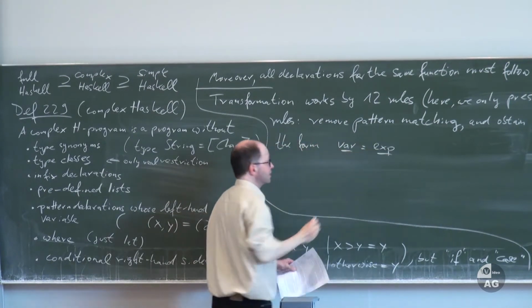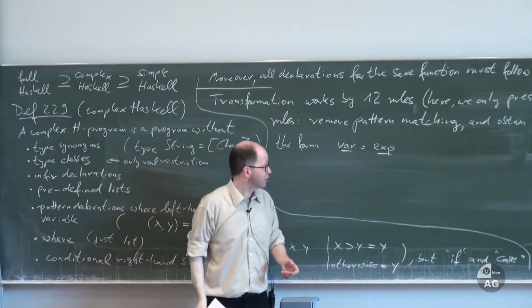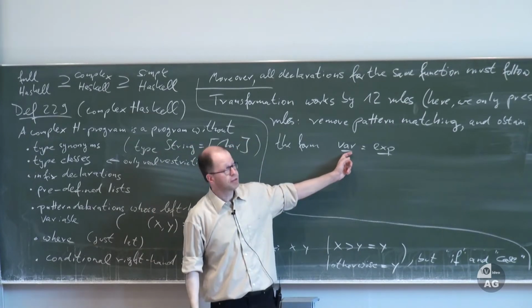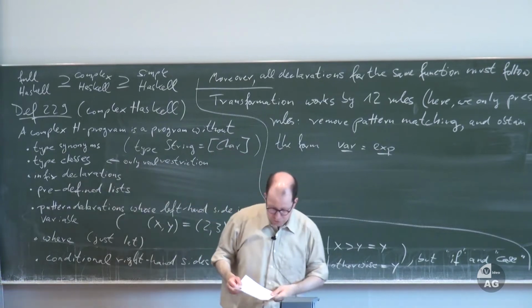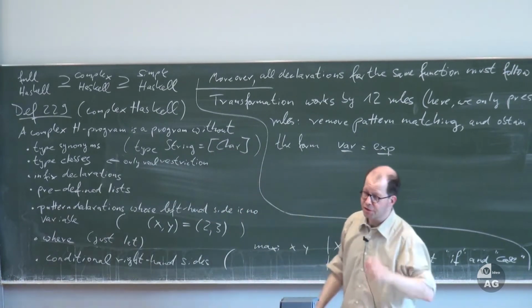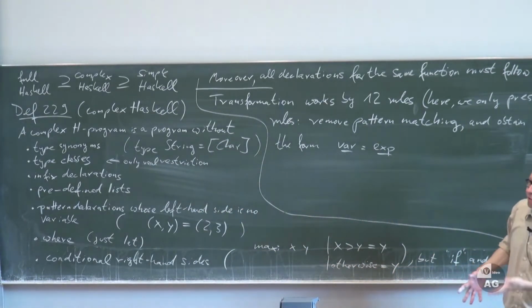Because in simple Haskell, the program consists just of a single equation, and on the left-hand side of the equation, there's just a variable and nothing else. So let's do this, and I will introduce these rules in parallel to an example which illustrates them.